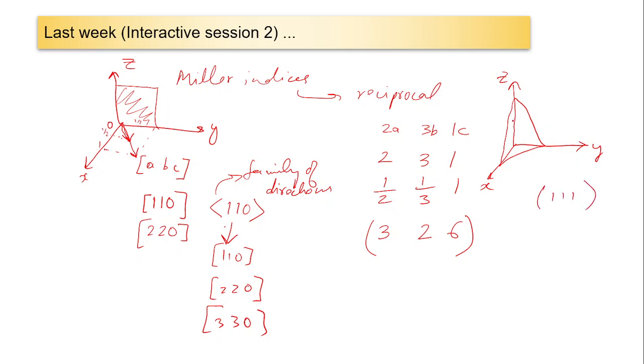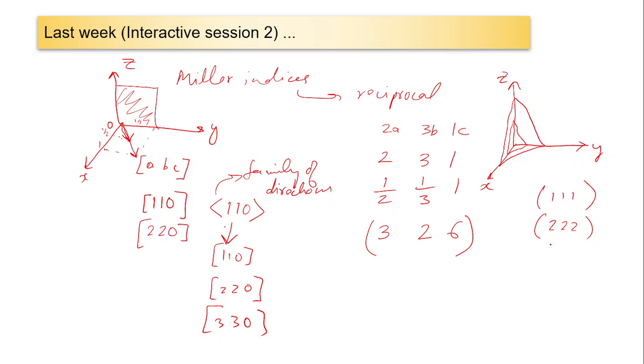Now if there is a plane cutting here at half, and here at half, these two will be parallel, only it's cutting at half the distance. For the smaller one, the Miller index will be 2, 2, 2. So these are parallel. In fact, there will be 3, 3, 3, 4, 4, 4, which will be even smaller and smaller. So all these are parallel to each other.